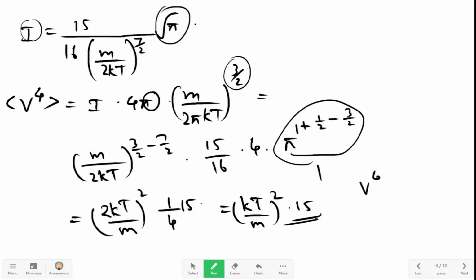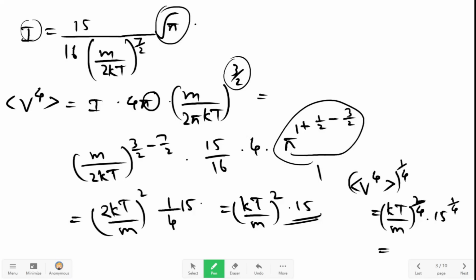We need to find the v raised to 4 expectation value the whole raised to 1 by 4, which is equal to kt upon m the whole raised to 2 divided by 4 times 15 raised to 1 by 4.